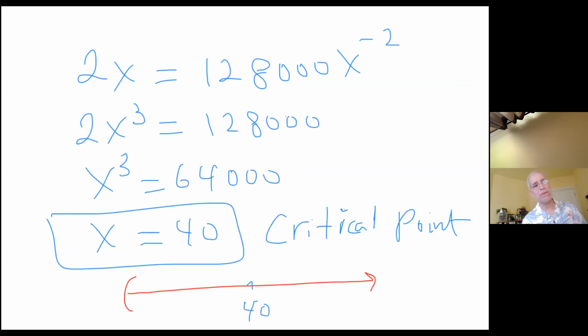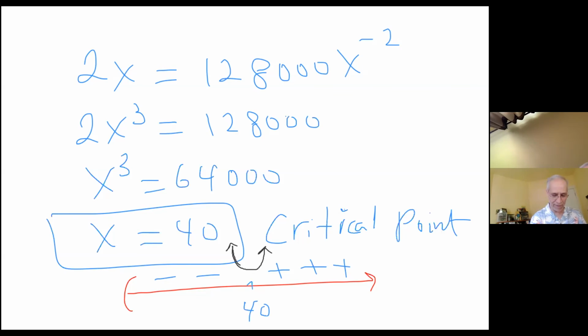If I pick a number to the left of 40, like 30, 20, 10, and plug it into my derivative, it'll give me a negative value. A number to the right of 40, say 50, 60, 70, gives me a positive value. So I know that my graph is decreasing, turning around, and increasing.